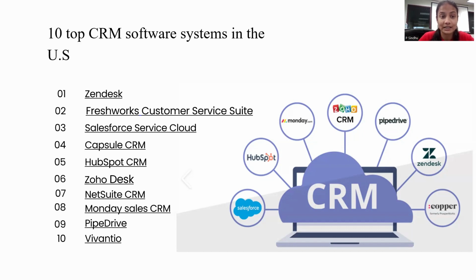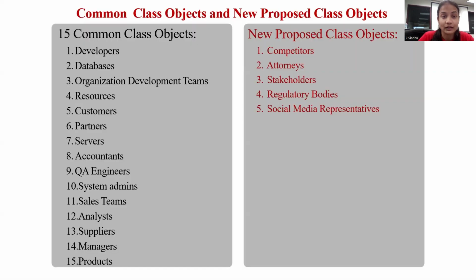After analyzing them, we understood that these are the common class objects in all the systems, such as developers, databases, organization development teams, resources, and customers. From these, we tried to create new proposed class objects, such as competitors, attorneys, stakeholders, and regulatory bodies.